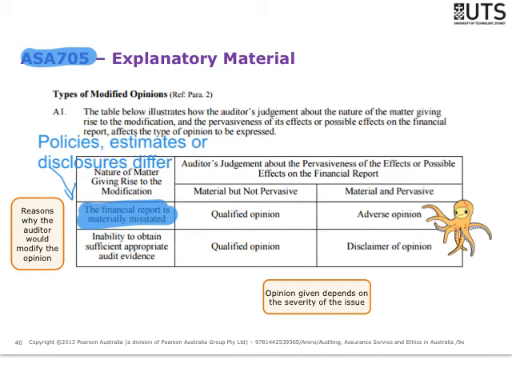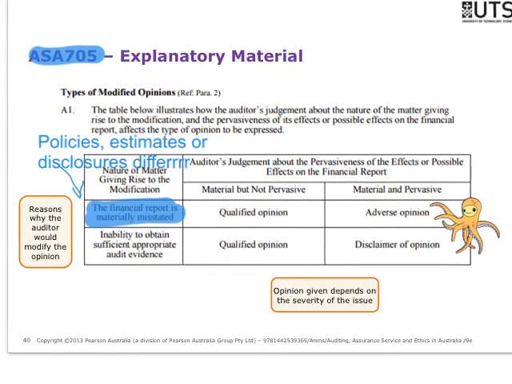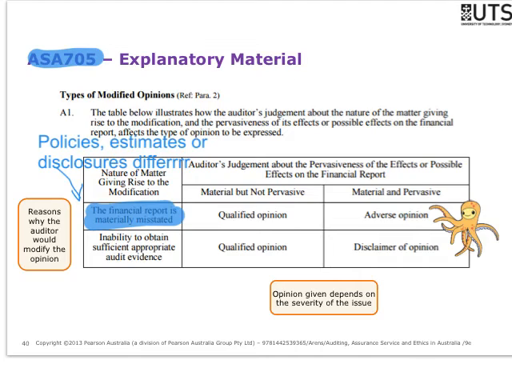Okay, so it's a policy, estimate, or disclosures that differ. We would disagree between what management report and what the auditor estimated.